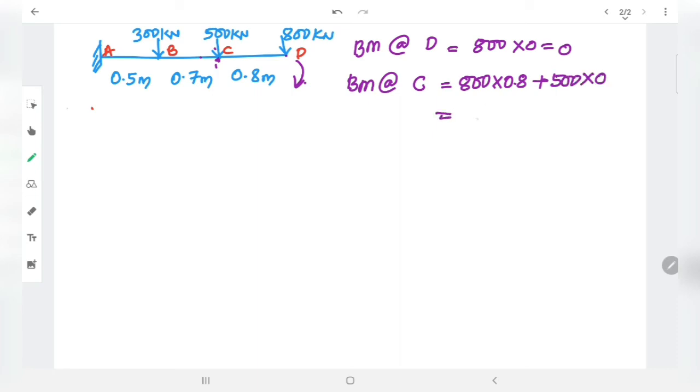So we will be getting how much? Minus, if it is a clockwise direction on the right hand side, it will be taken as minus 640 kilonewton meter.